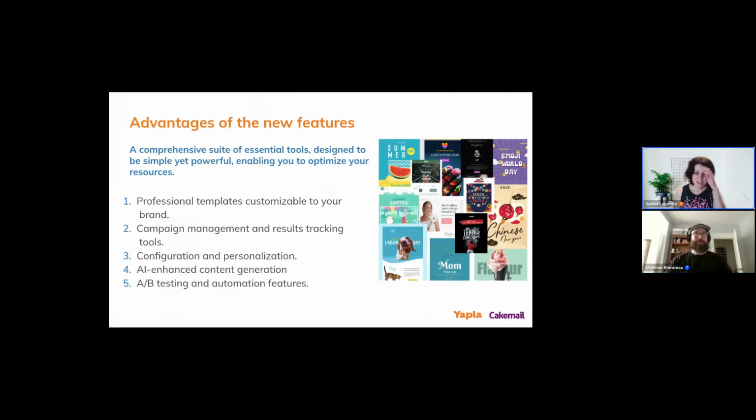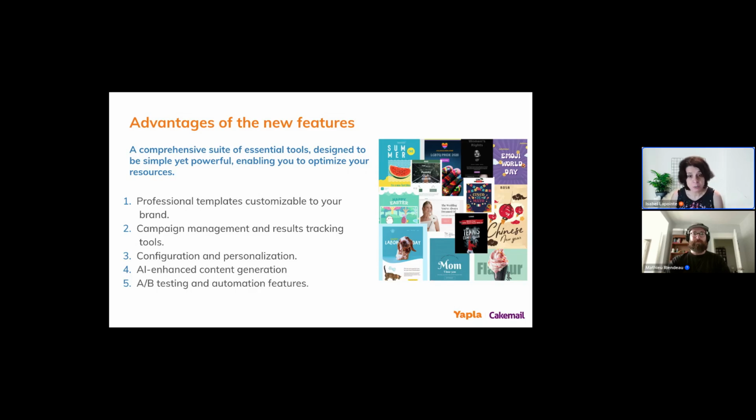Perfect, thanks a lot. So why CakeMail and Yapla? We want to bring more tools, more features, and more powerful and interesting access for your clients and for you. So we have professional templates that you can customize. I will talk about this, about the brand, which is very important.